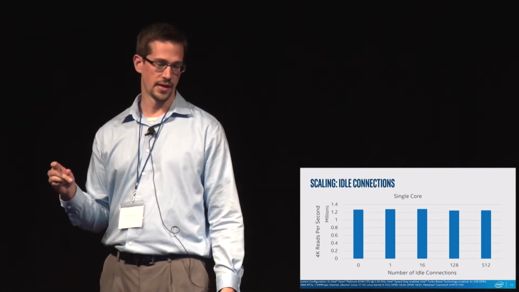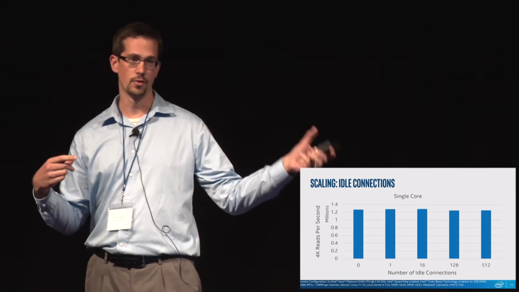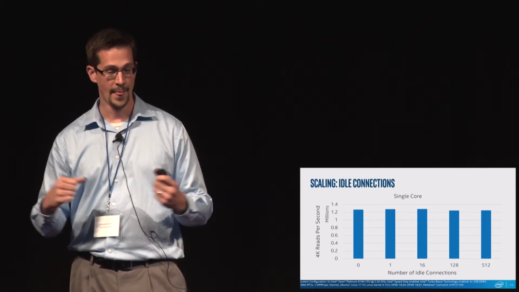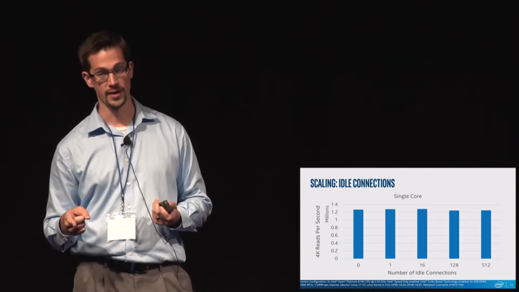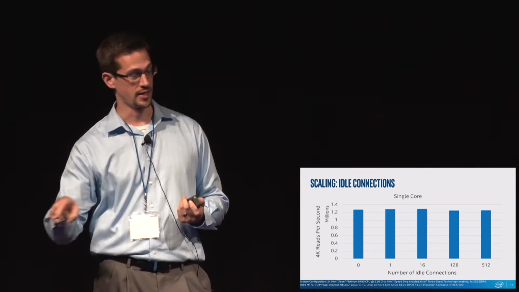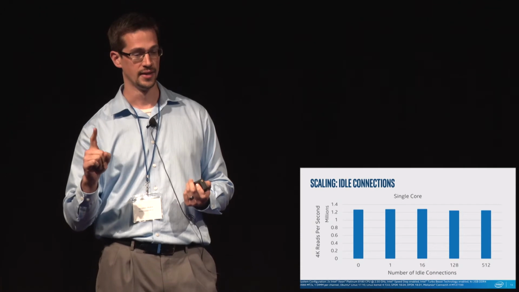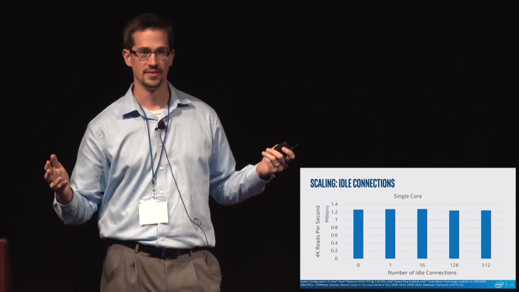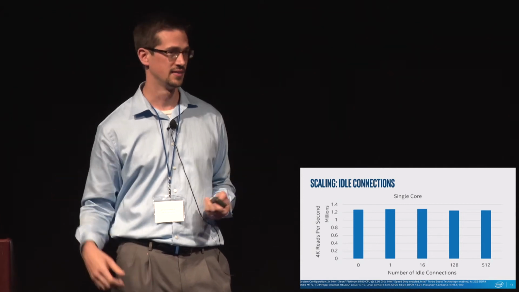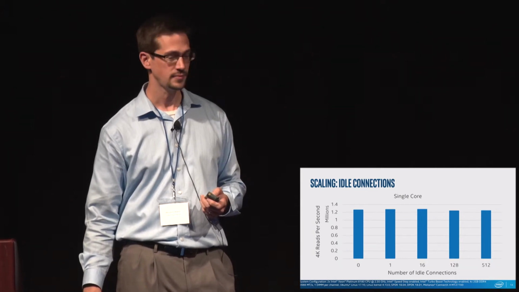So again, this is the same hardware setup, 1 core on the initiator, 1 core on the target. And I have 1 active connection doing 32 queued up 4K random reads for every single data point here. It's just 1 connection running. The different data points are how many other connections are present on the system doing nothing.